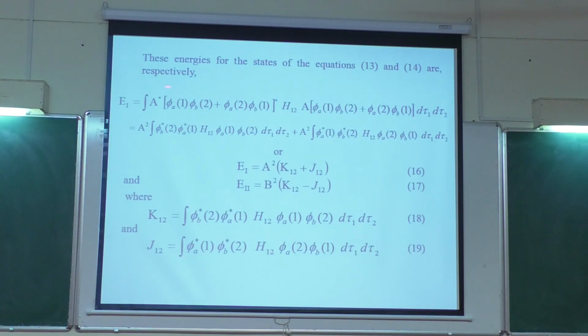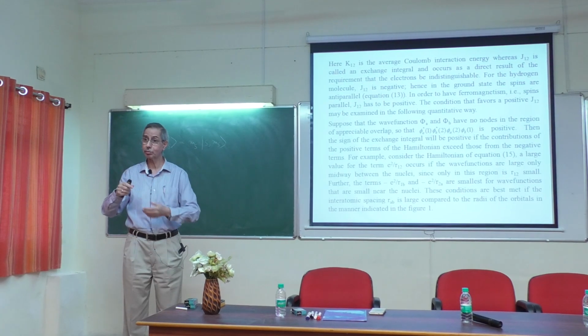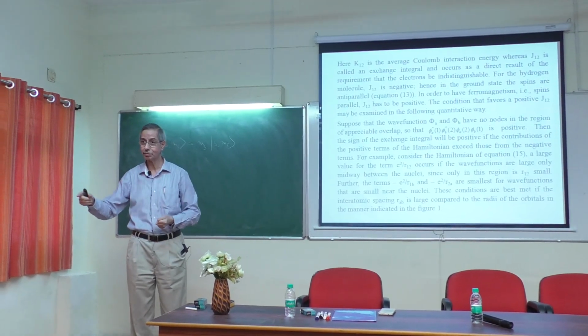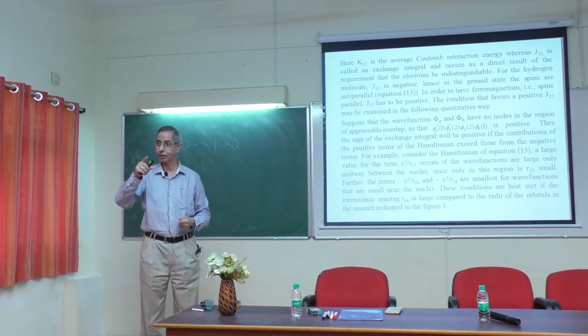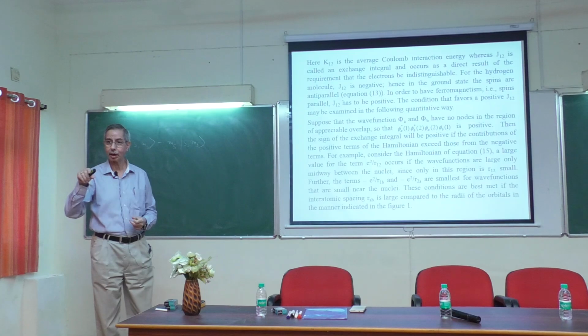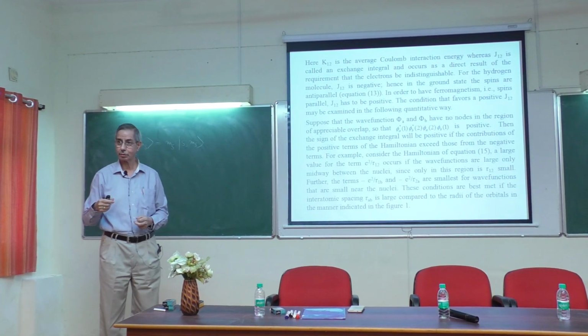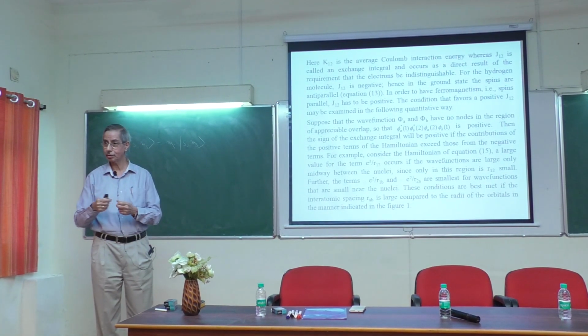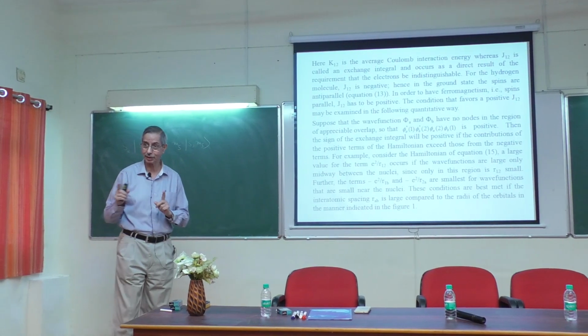Now we have to deal with this, where A star and A are the coefficients which finally yield the normalization factors. They are maximum somewhere midway between A and B, where then that term e squared by RAB would decide everything else.